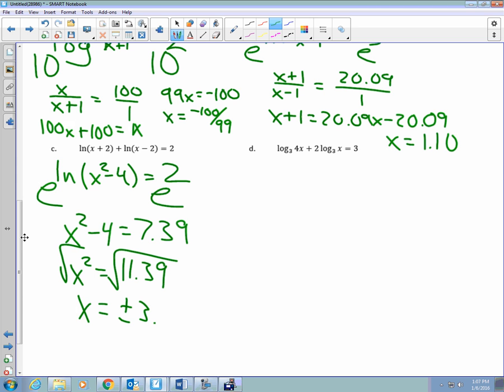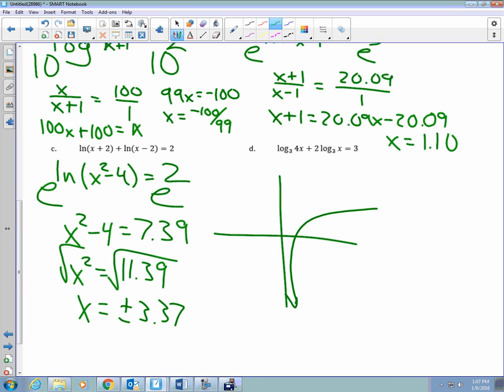3 point... Hold on. We got to finish up here. We won't do D. We'll do it at the beginning of class tomorrow, but we got to talk about this real quick and then give you your assignment. There's a problem here, folks. Show me with your hand what the graph of natural log or log looks like. Yeah, it looks like this.